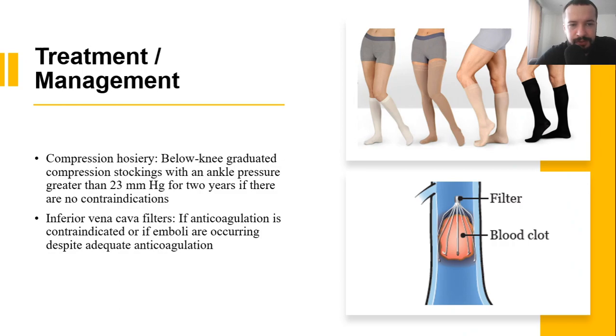Compression hosiery. Below knee graduated compression stockings with an ankle pressure greater than 23 mm for 2 years if there are no contraindications. Inferior vena cava filters if anticoagulation is contraindicated or if emboli are occurring despite adequate anticoagulation.